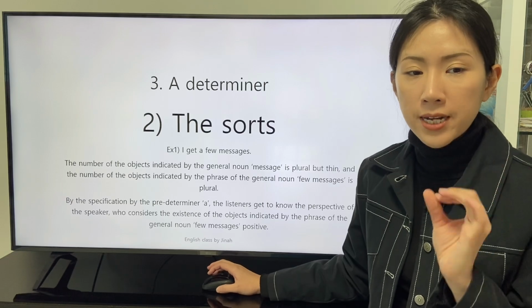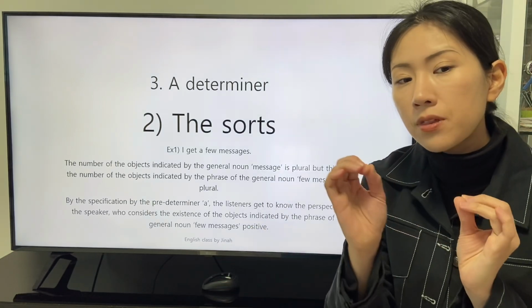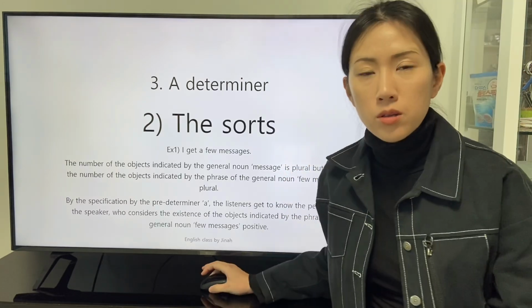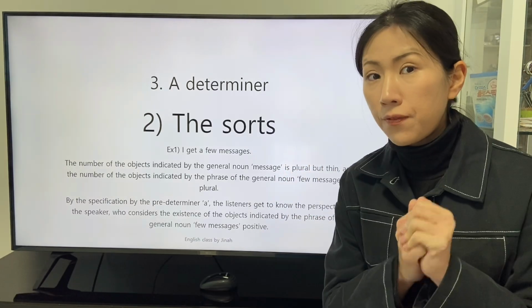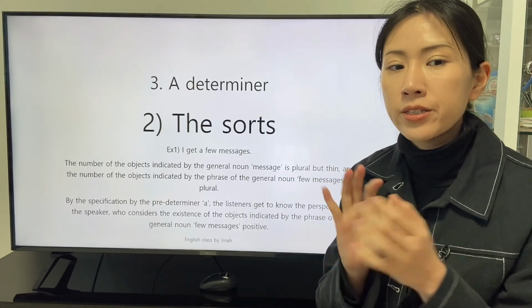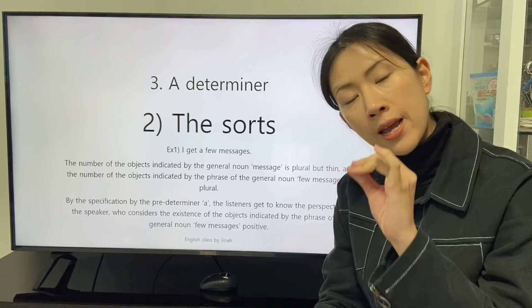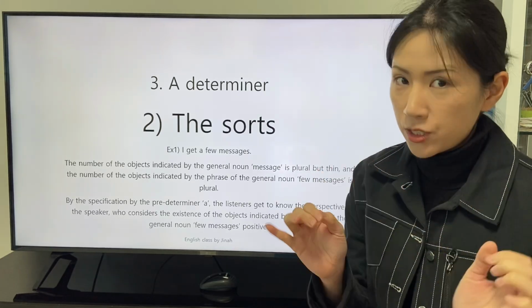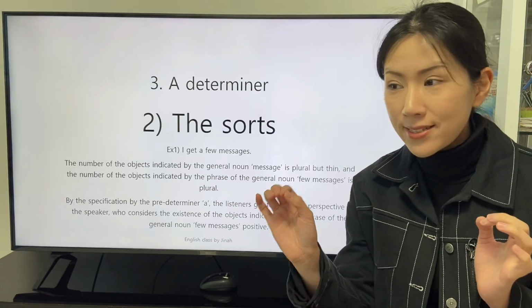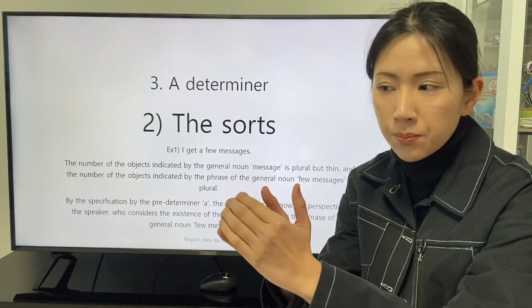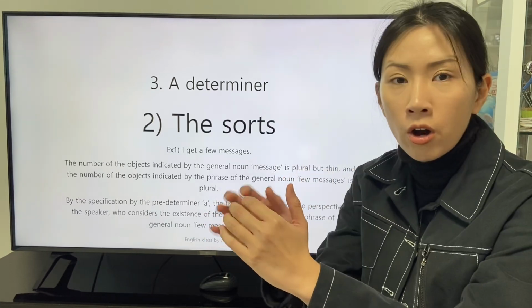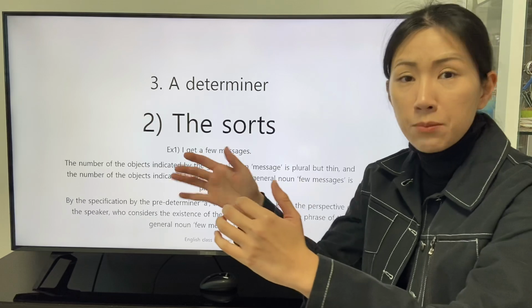And the number of the objects indicated by the phrase of the general noun few messages is plural. The speaker wants to focus on the objects indicated by the phrase of the noun few messages, but the speaker intends to emphasize that the object indicated by the phrase of the noun few messages are one of the same object.